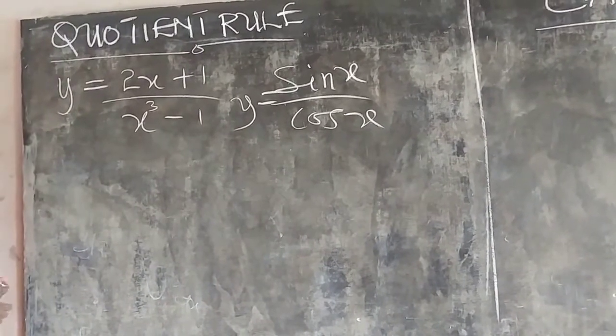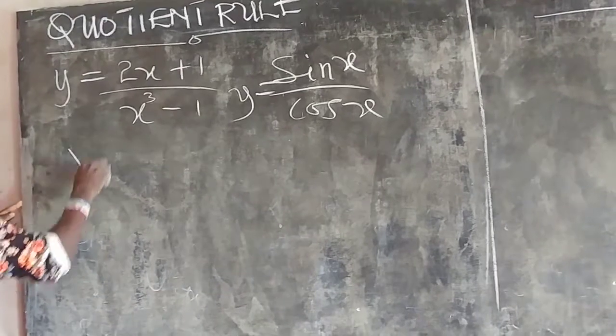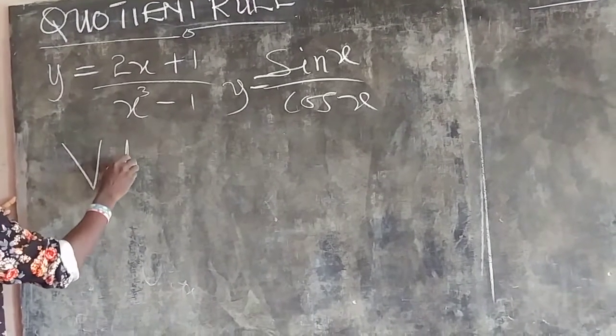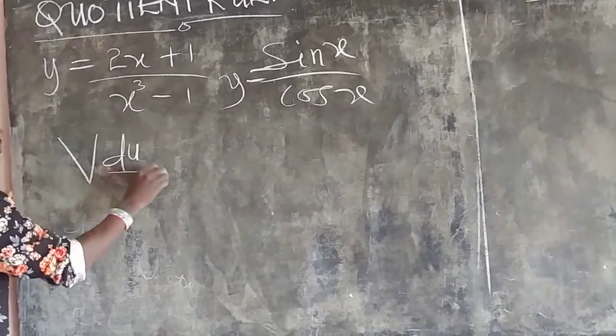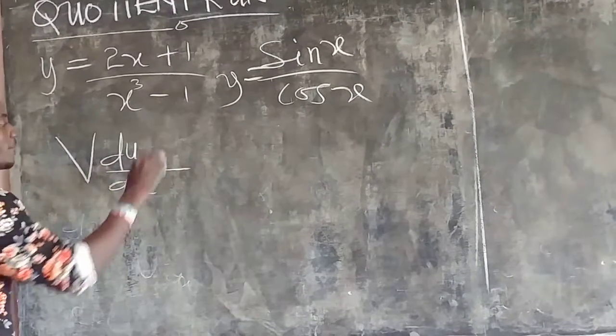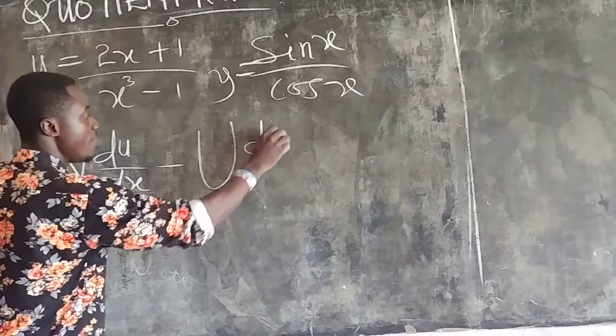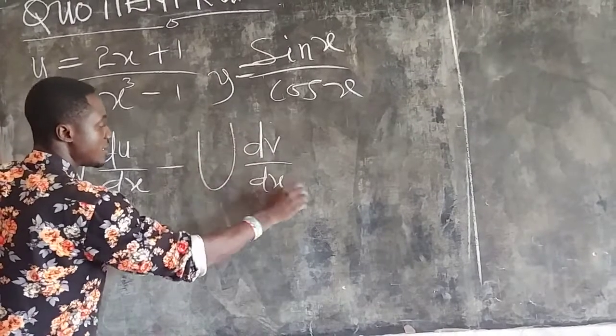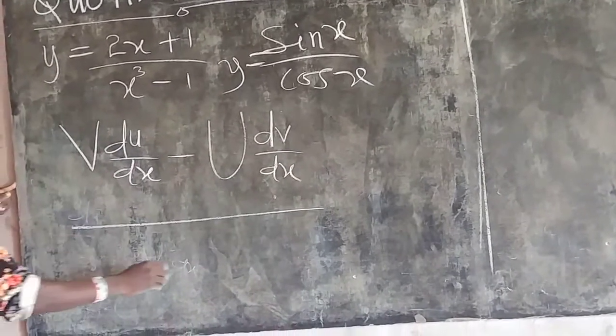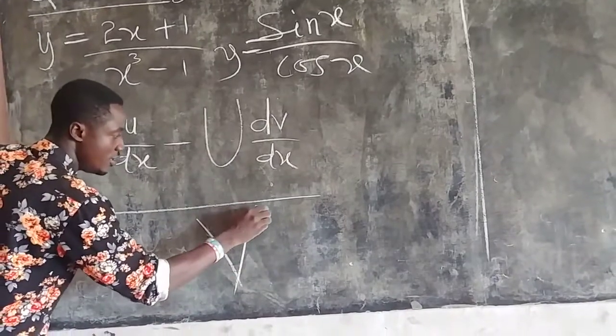And the quotient rule says that you have v du/dx minus u dv/dx, all divided by v squared.